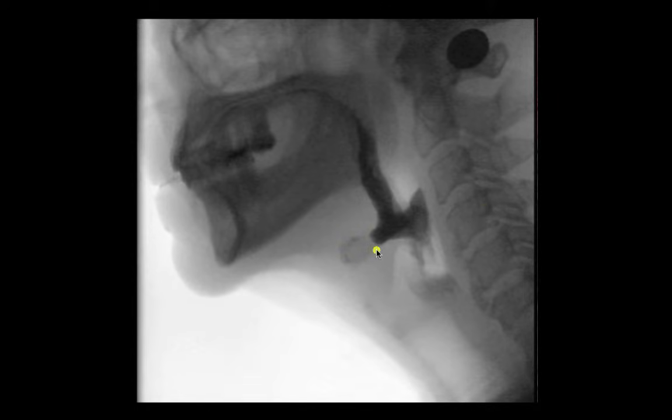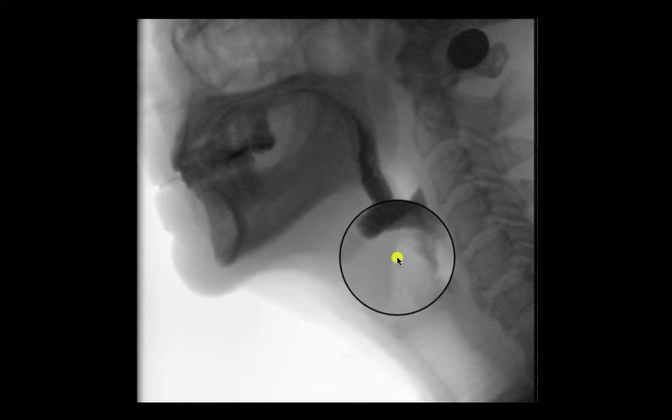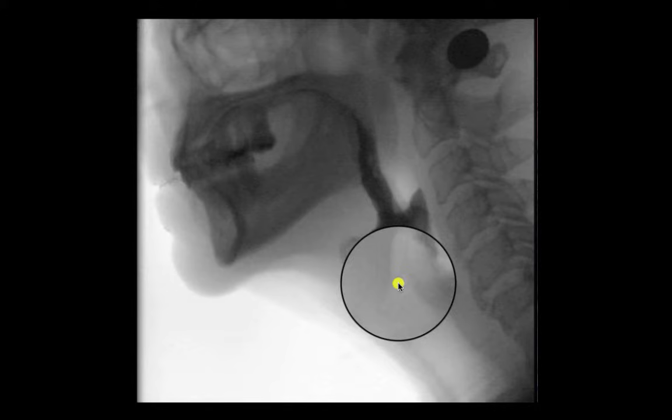Next frame. And if I was scoring component 8 right now, I do not see complete approximation of the arytenoid cartilage here to the epiglottic petiole. In fact, I see a big air space here. And that's a sign that the larynx hasn't lifted and potentially the pharynx hasn't shortened because the pharynx participates in lifting.